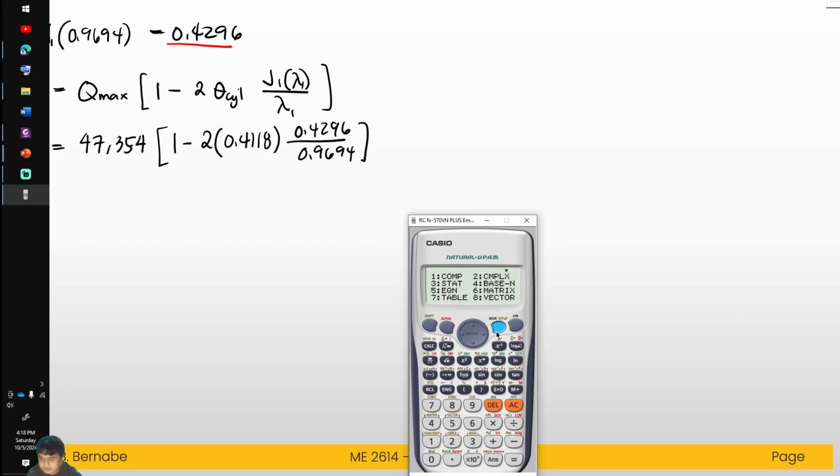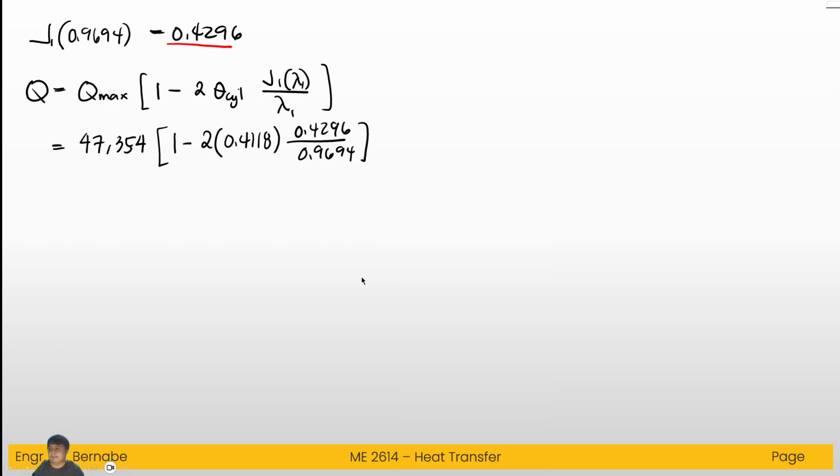So use the calculator. 47,354 multiplied by 1 minus 2 times 0.4118 times 0.4296 over 0.9694. So the answer is 30,070.